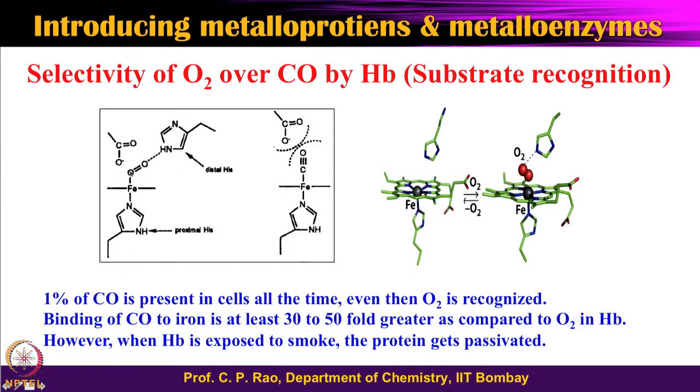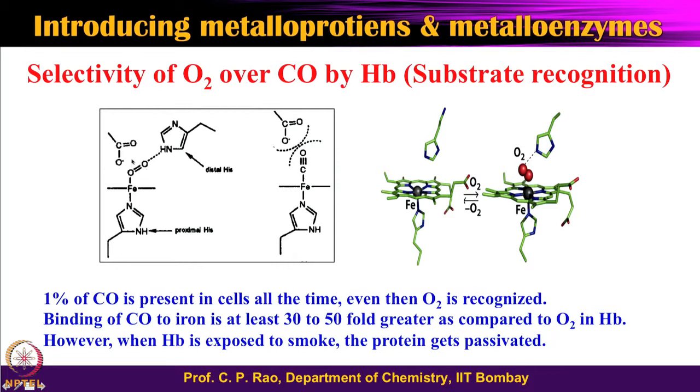When it binds to O2, it is known from the structures of small molecules as well as from the protein that the FeOO is a bent structure, around 120 degrees or so. Such a structure is stabilized by two things.